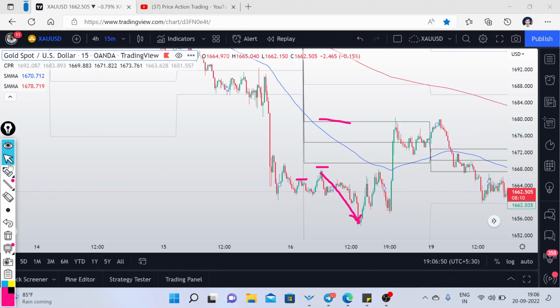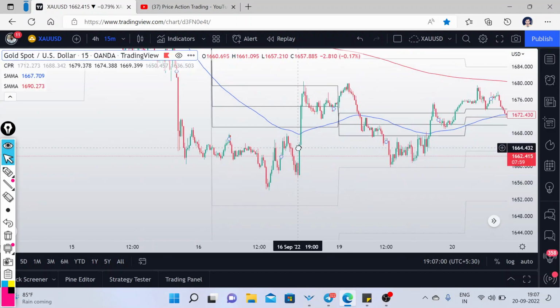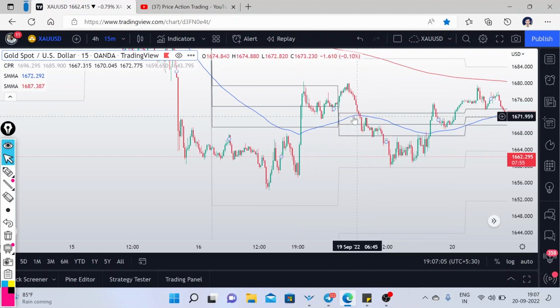See, now the next day, if we look over here, you can see after this we have a pullback, but again price returned below CPR and below 50 SMA. You can enter either below 50 SMA or below CPR.